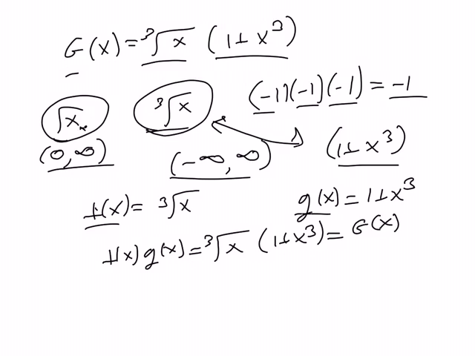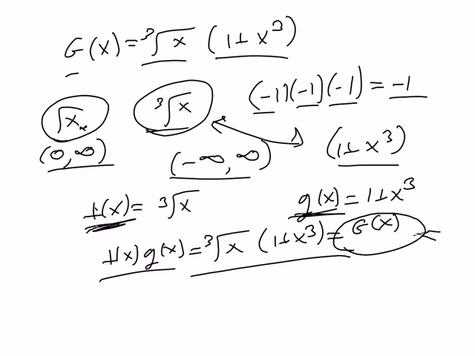Because if f of x and g of x are continuous at a constant a, then the other functions are also continuous at the constant a. So these are continuous for any a, and so is the product. In other words, g of x is continuous everywhere on its entire domain, and its domain is negative infinity to infinity. So that's that problem.